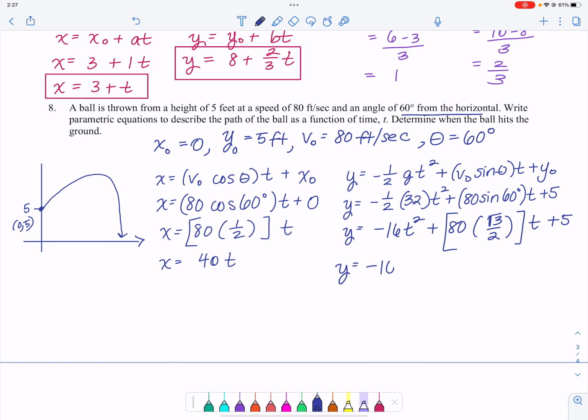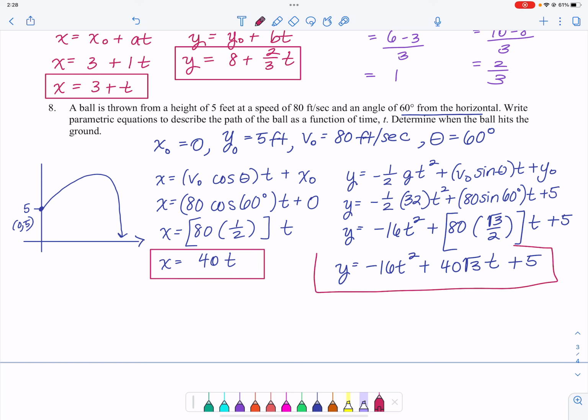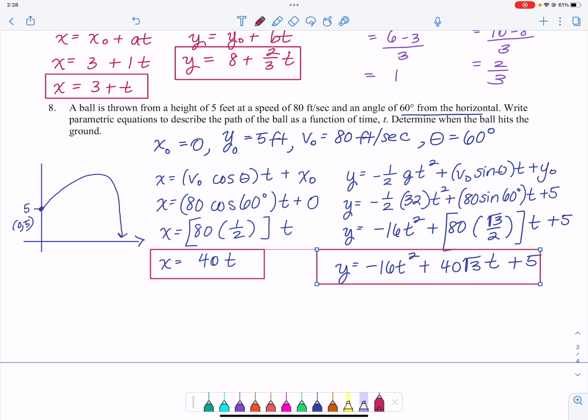So we have negative 16t squared plus 40 root 3 times t plus 5. So, as you can see, we have two parametric equations, x in terms of t and y in terms of t.